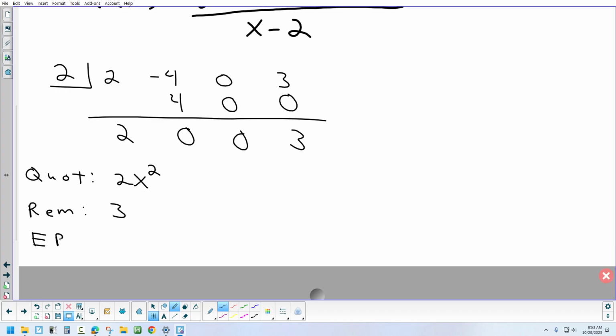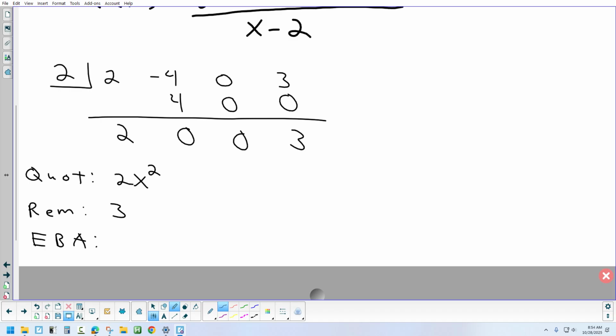And my EBA. Emma, what's my EBA here? It would be 2x squared plus 3 over x minus 2.